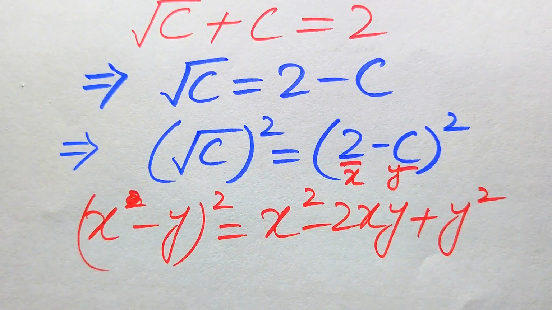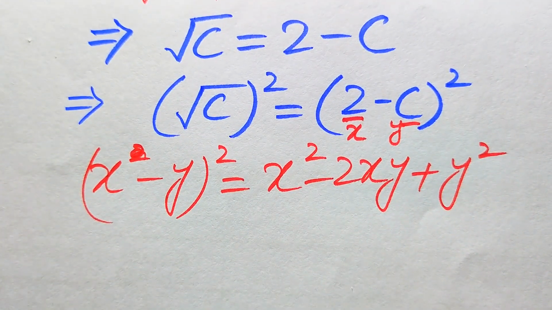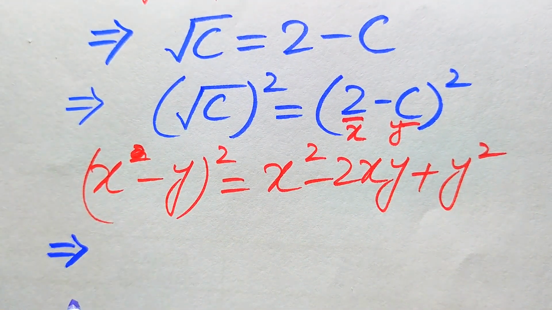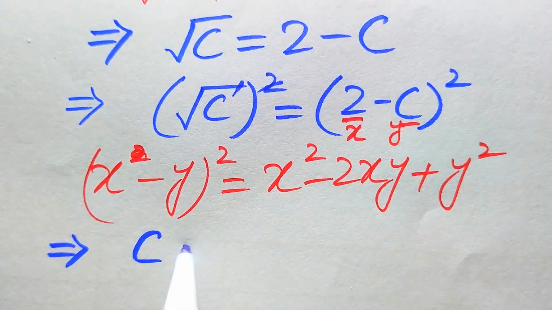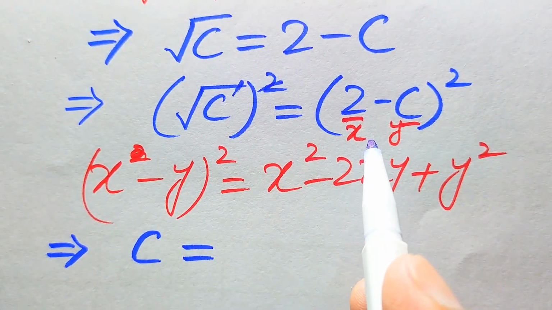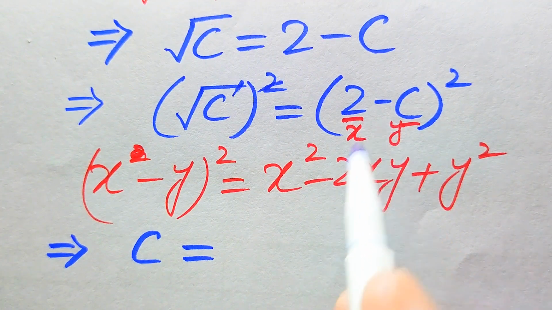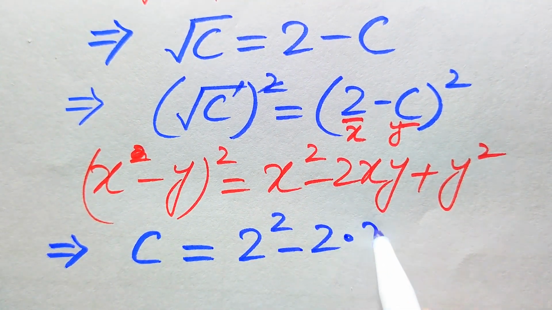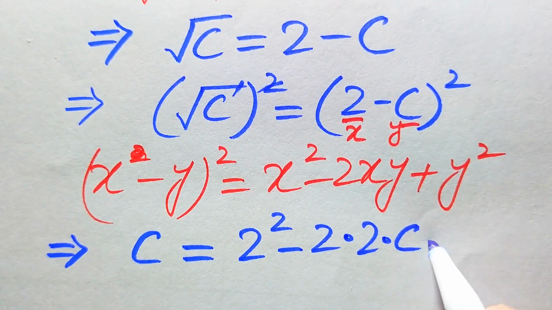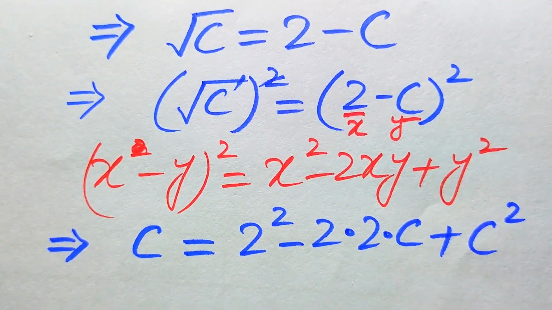So now we just expand this formula, and the square root is gone, and we get c is equals to, when we apply this formula to the right hand side, 2 square minus 2 times 2 into c plus c square.